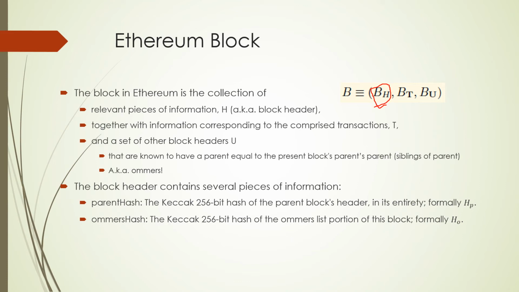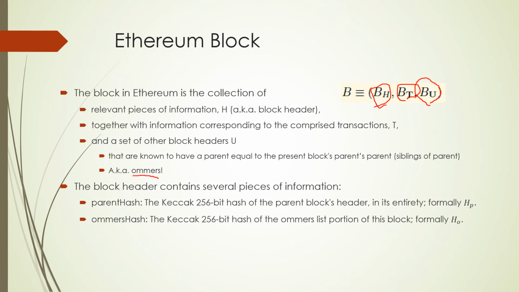Then we have B sub T, which is basically a sequence of transactions that are included in that block. And then B sub U, which is basically the headers of ommers. What is an ommer?